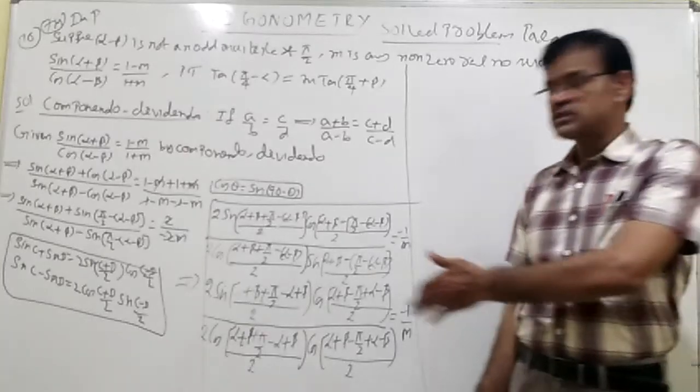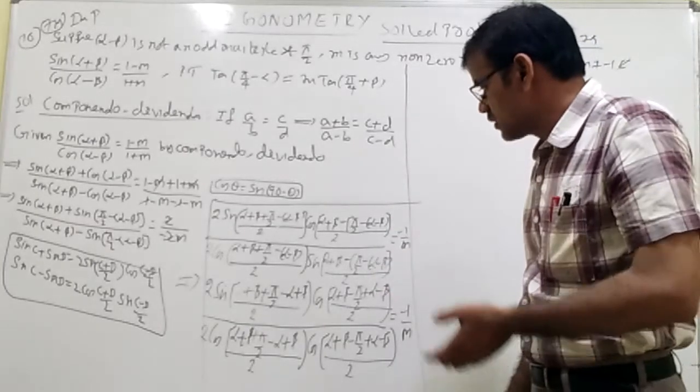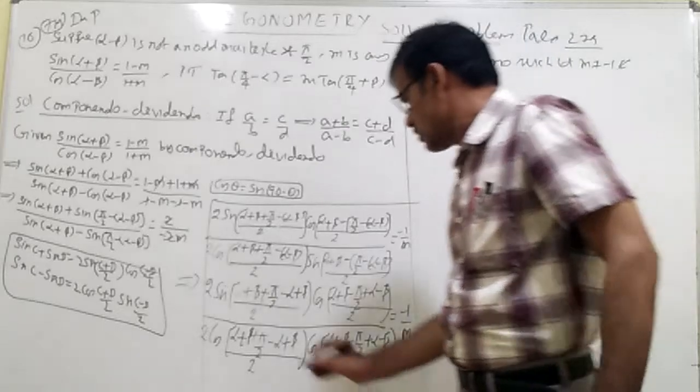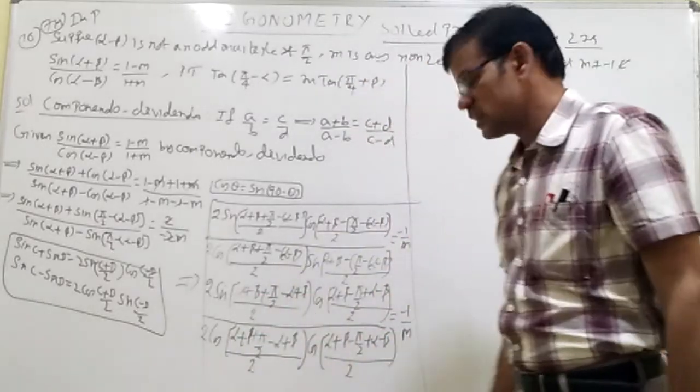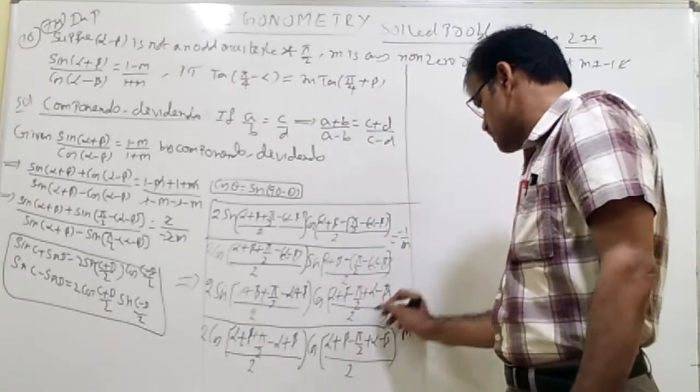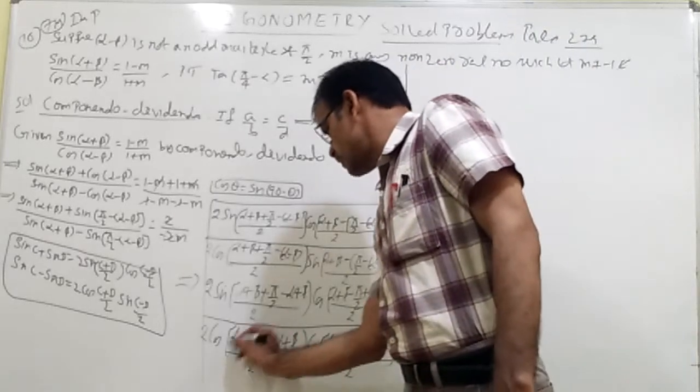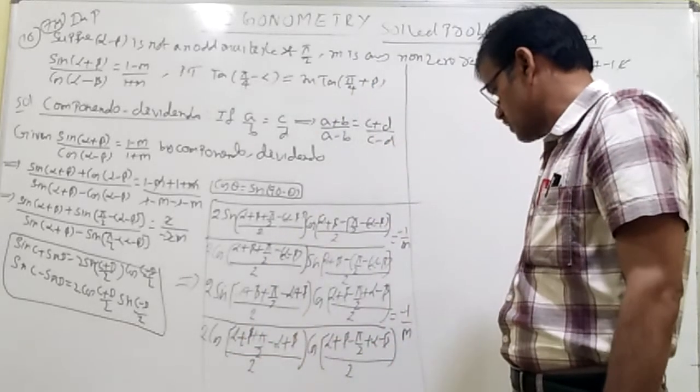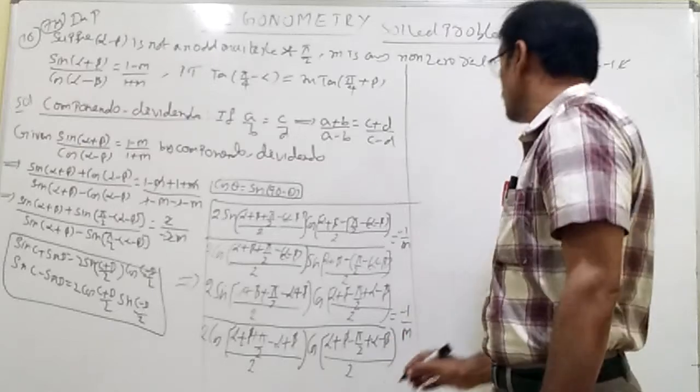Now if there are any terms that get cancelled, you should cancel them. Alpha and minus alpha got cancelled, and here beta and minus beta got cancelled. In the similar way, in the denominator also alpha minus alpha got cancelled.